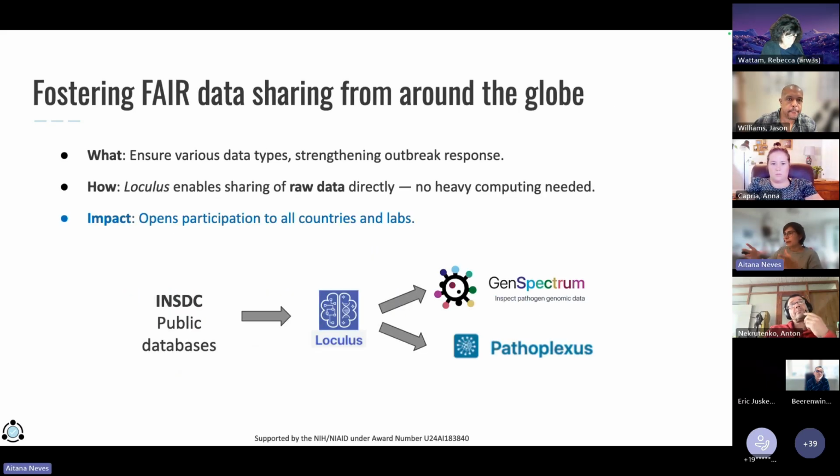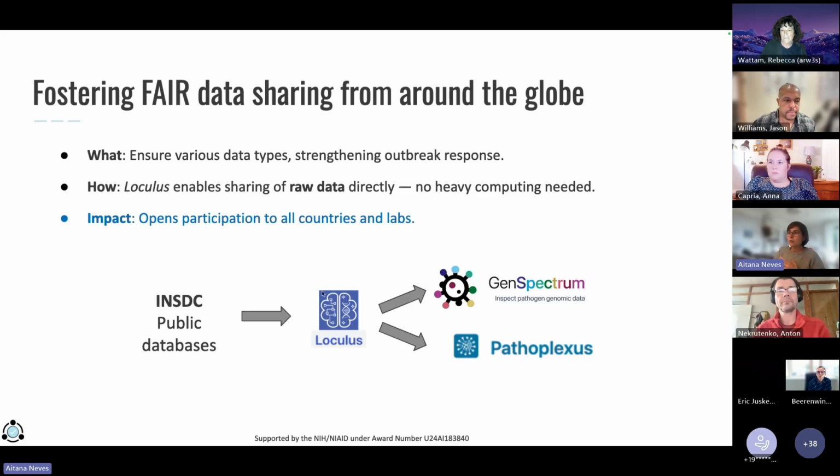Another important aspect here is to foster FAIR data sharing from around the globe. I mentioned Loculus before, which is a reference code that can be used to deploy a pathogen data hub. Today, Loculus is the backend behind GenSpectrum that I have mentioned, but also the backend behind Pathoplexus that many of you might know as well.